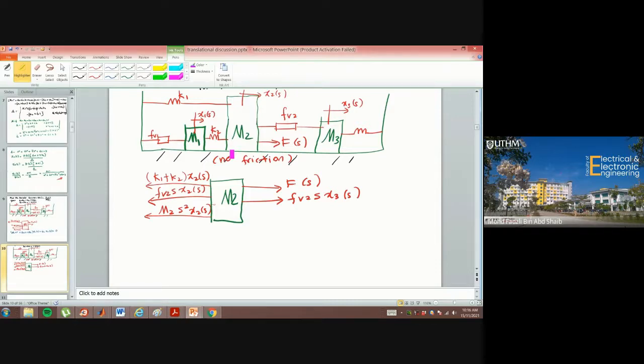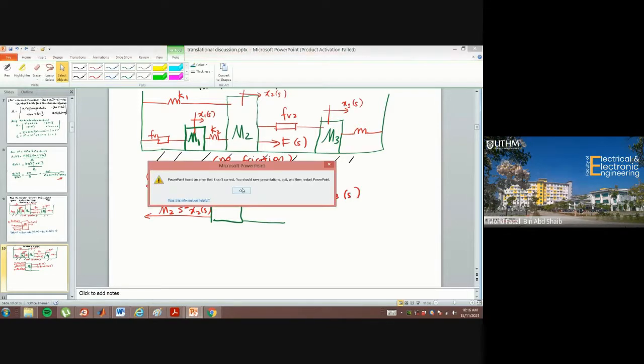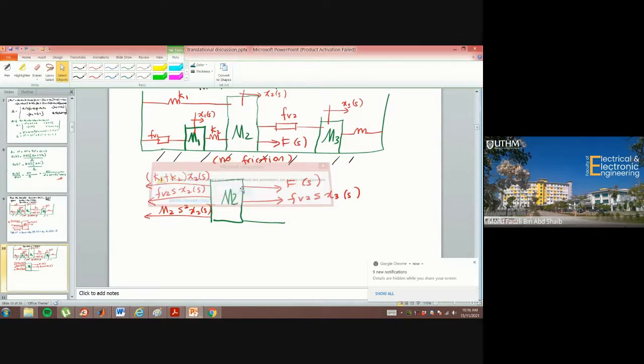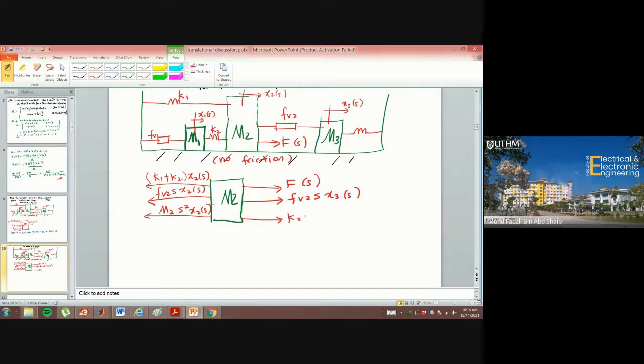Force of M2 due to the motion of M1 is K2 times X1S.